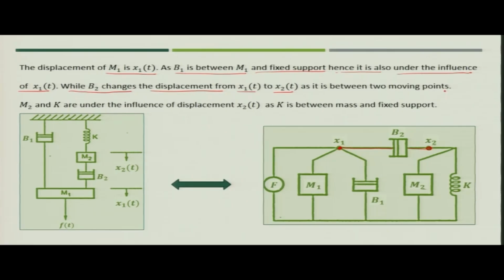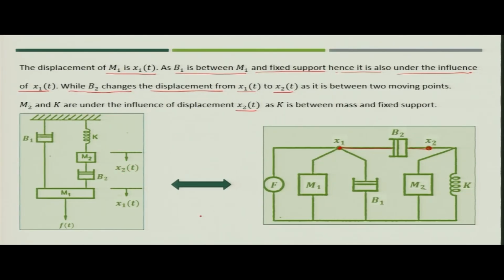Now, M2 and K are directly under the influence of displacement x2, because K is directly connected to the fixed side of the mechanical system, and through K you are connected to M2. So, for x2 we will connect M2 and K in parallel.